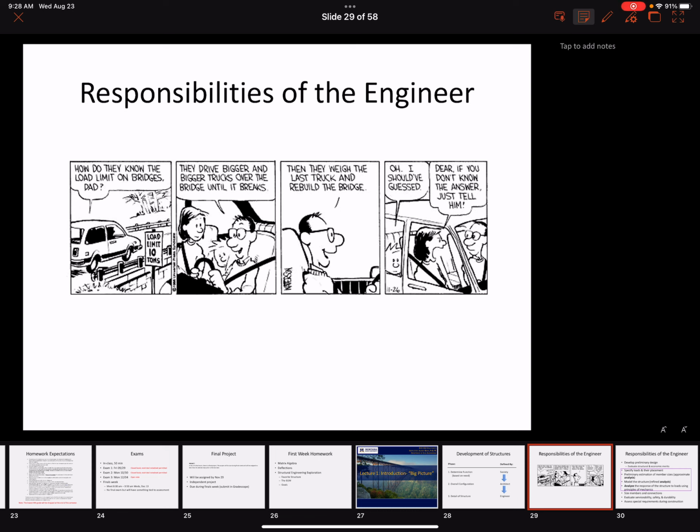And this is important because, as civil engineers, and this isn't just true for structures, but all civil engineers, whether you're designing a wastewater treatment plant or a water distribution system or a road or transportation system, we do not have the luxury of developing full-scale prototypes and then subjecting those prototypes to hundreds or thousands of tests before we release our design to the public and then mass produce it.